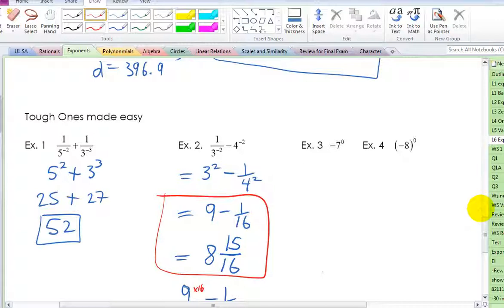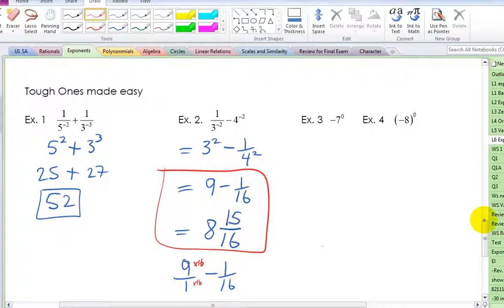Okay, number 3. Please solve number 3 and number 4 right now. Go and compare your answers. Kitchen, number 3, what'd you get? 2.